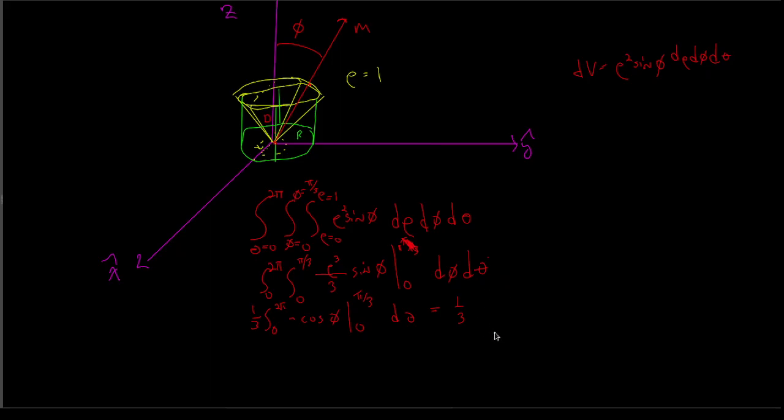Cosine of pi over 3 is 1/2, so minus 1/2 plus 1, which is going to be, what is that?